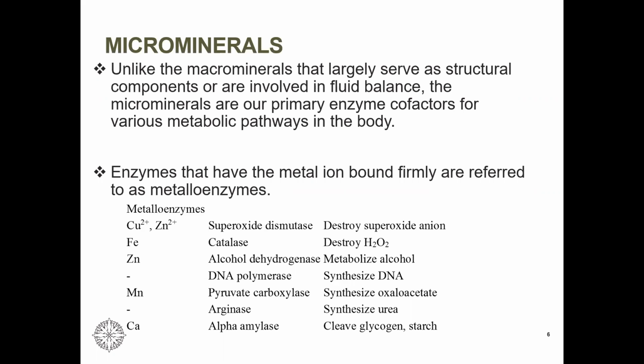So what do they do in our body when they are present in such small amounts? Mostly, you will see that there is a term written here, metalloenzyme. So most of these ions are present as a structural component of an enzyme.